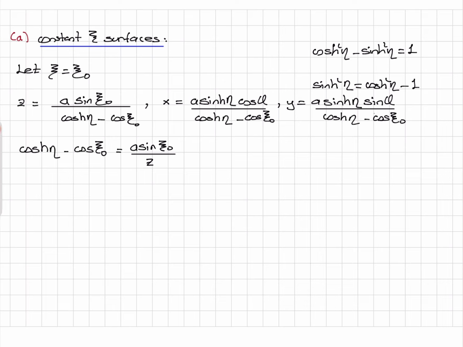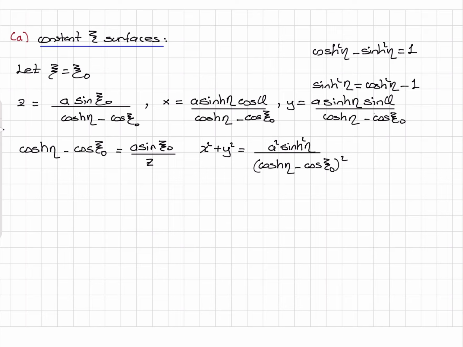And for these two equations, I can take the square of x squared plus y squared. Now you can see that I have the same prefactor for cosine and sine here. So this will be cosine squared plus sine squared. Therefore, I will obtain a squared sinh eta squared divided by (cosh eta minus cos psi 0) squared.